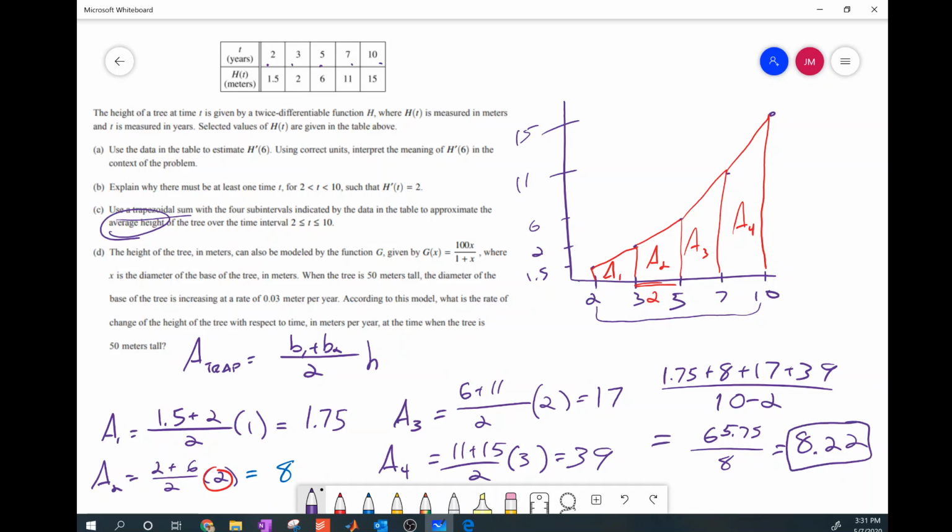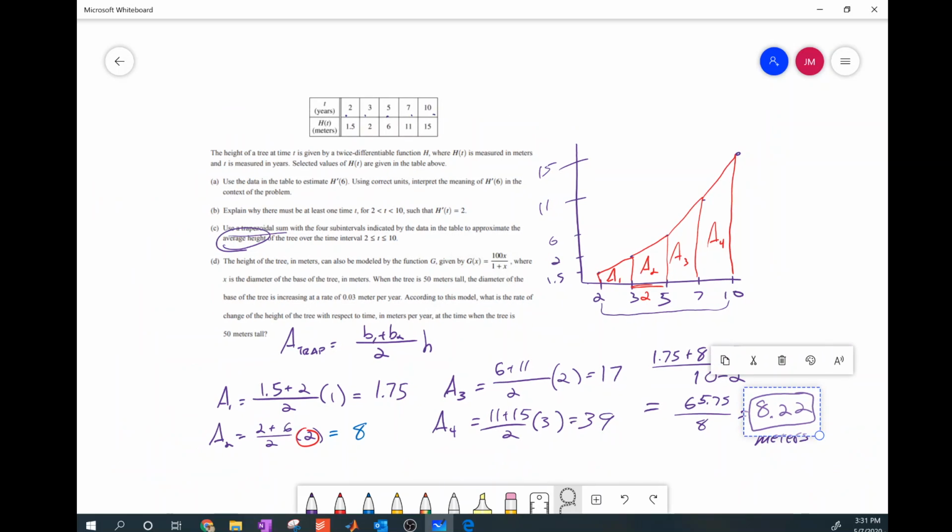And the units, since it's the average height, are just meters. In fact, that should be part of my answer. And that is question C.